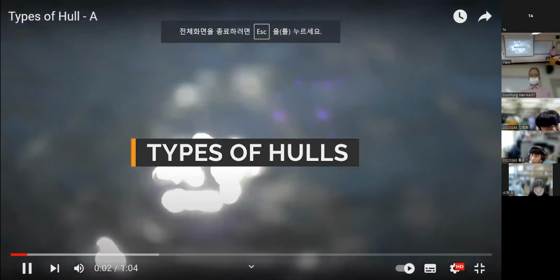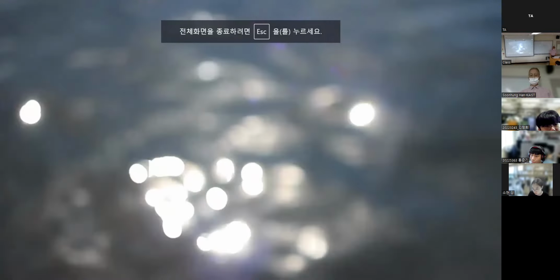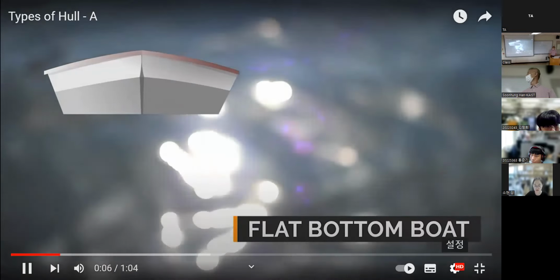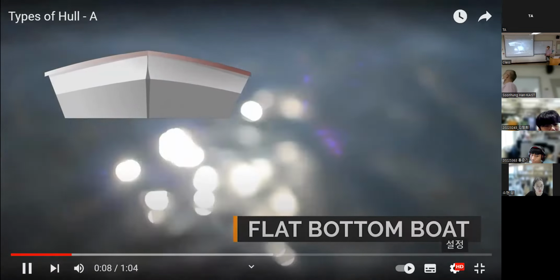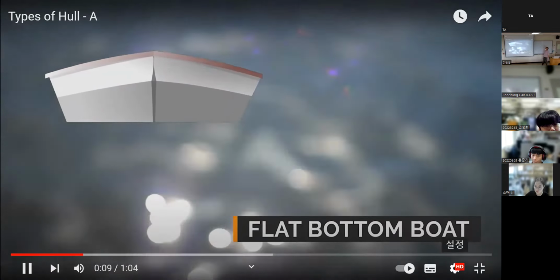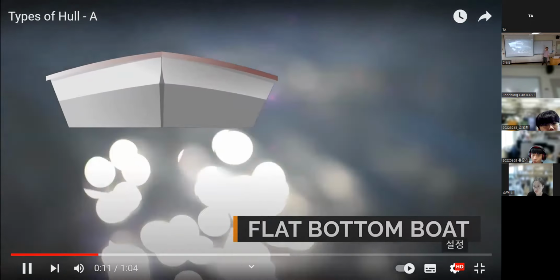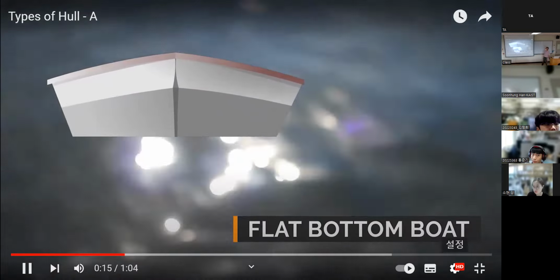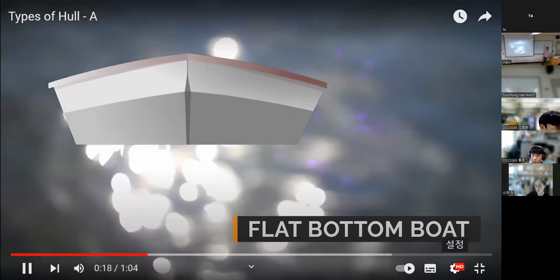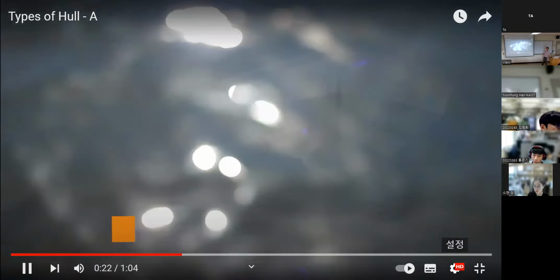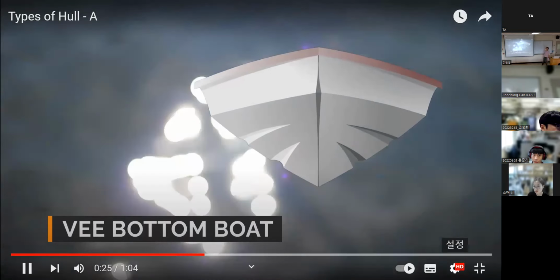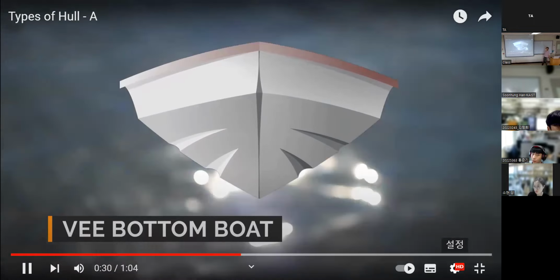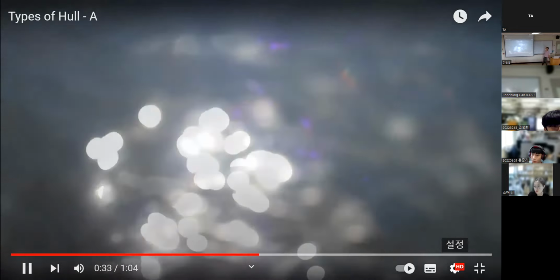Types of hulls. Flat-bottom boat. They are generally less expensive to build and have a shallow draft. They can get on plane easily, but unless the water surface is perfectly calm, the ride can be rough because the flat bottom hits each wave. They are less stable and require careful balancing of the cargo and crew. V-bottom boat. The V-bottom handles rough waters, but needs more power to achieve the same speed. Many runabouts use the V-bottom design.